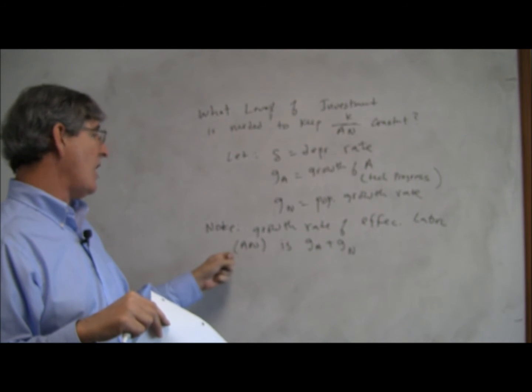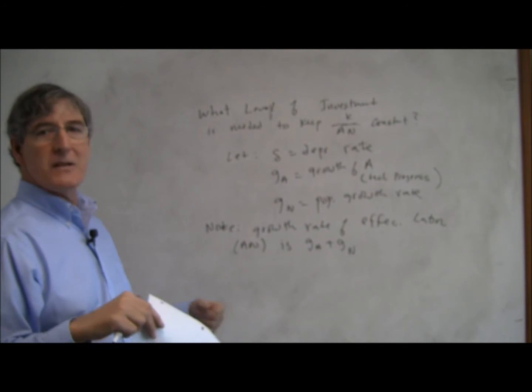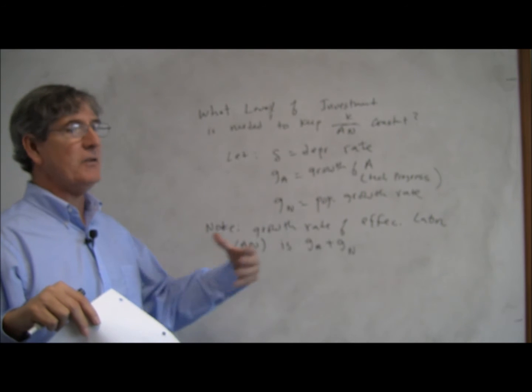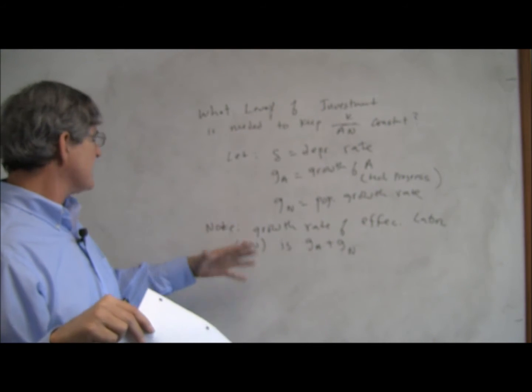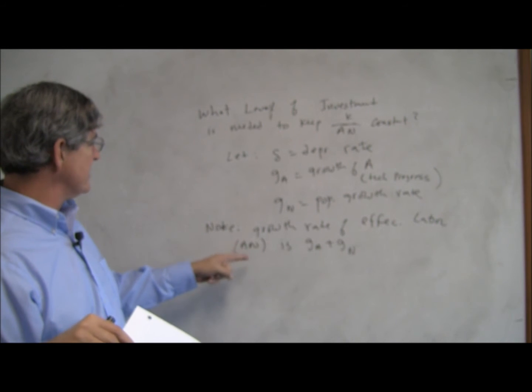You can show that with logs. The log of AN is the log of A plus the log of N, and you can use that to find growth rates. I won't go through how that works, but one way to prove it is using logs.